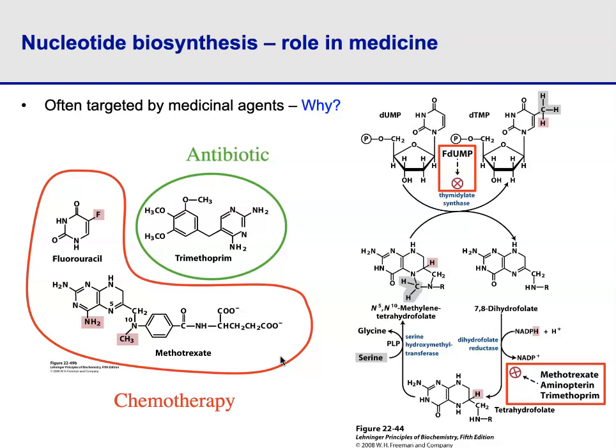But it's very difficult to control the division of these cells without affecting the normal enzymes that exist in the cells in our body that need to be regenerated all the time, such as the hair follicles, the lining of the gastrointestinal tract, the bone marrow, and the reproductive system.